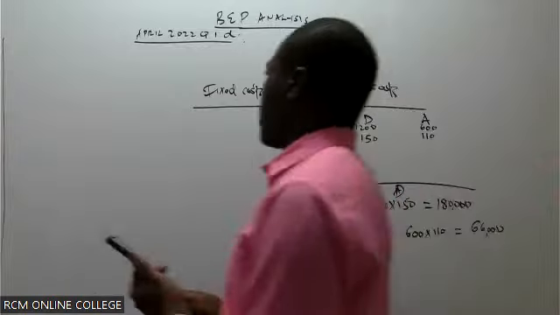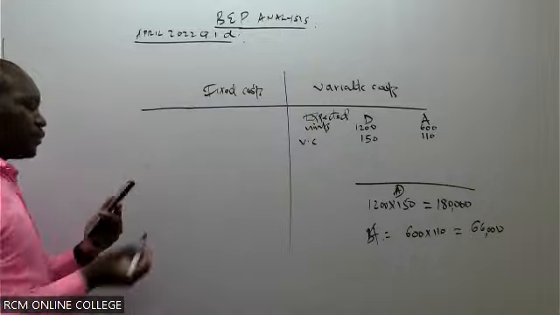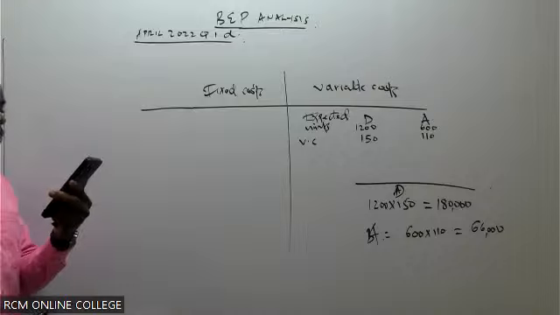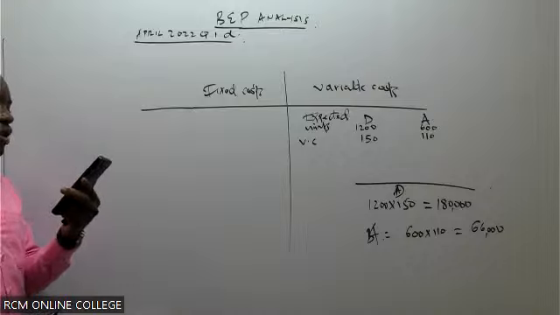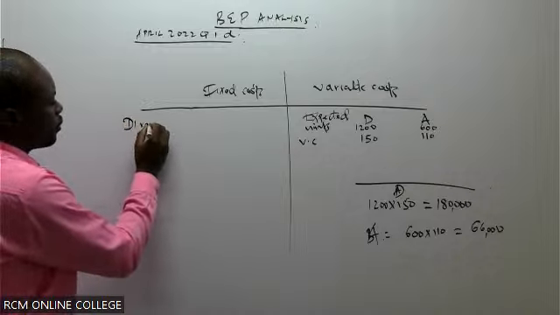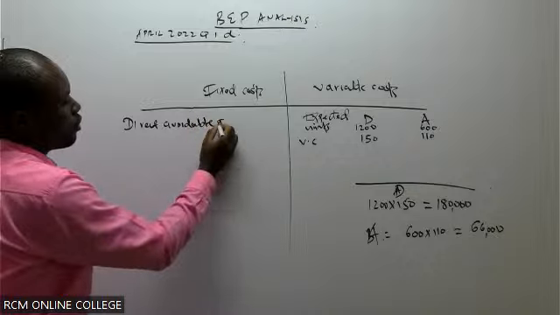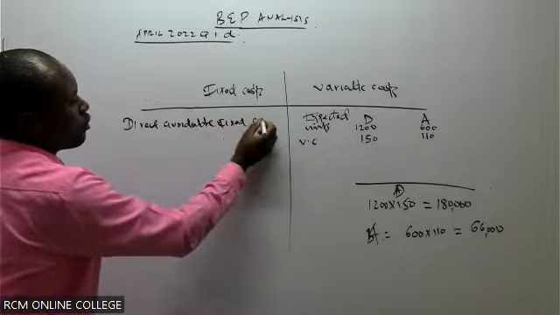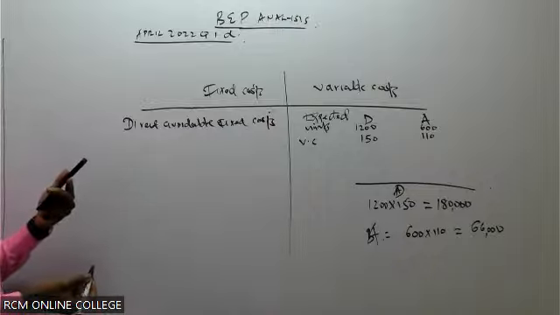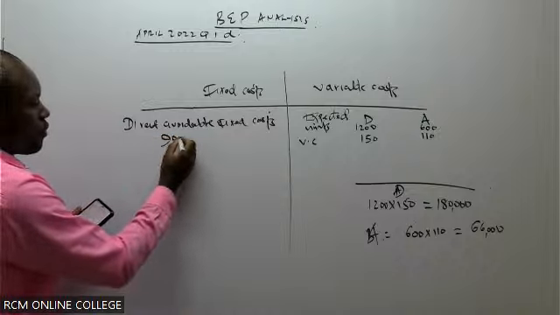Therefore, let's now come to the column of fixed costs. Are we able to identify the fixed costs here? So the first part where we are meeting the fixed cost is direct avoidable fixed costs. Direct avoidable fixed costs, we have 90,000 plus 27.